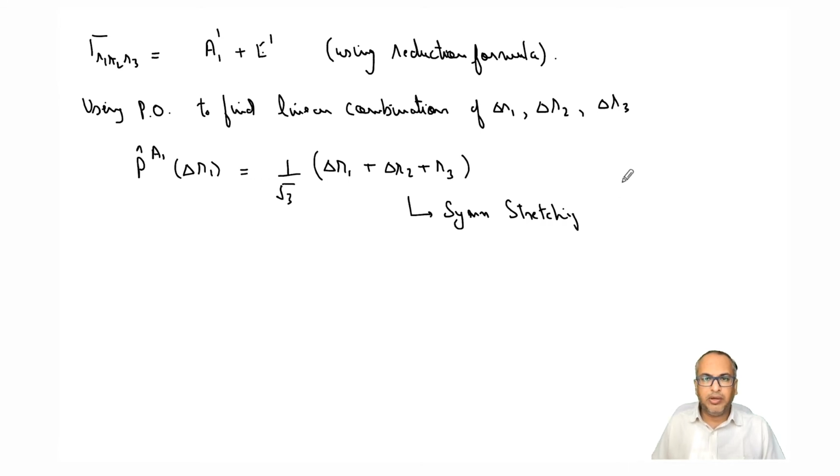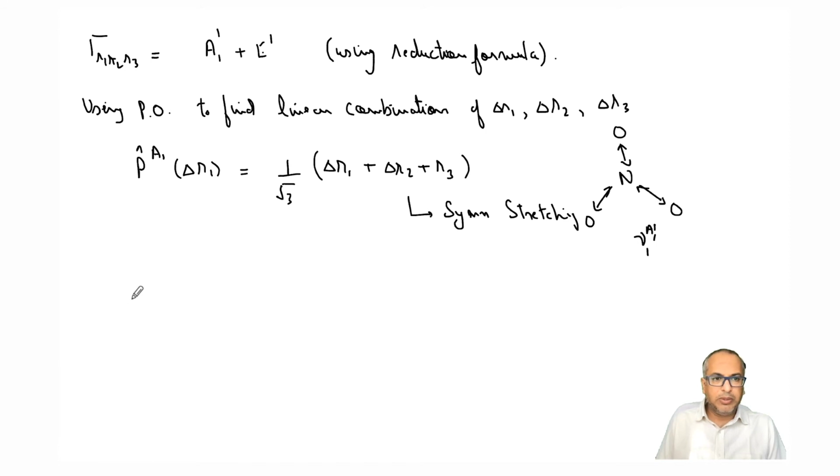And you can draw it like that. All the bonds are increasing in length symmetrically. You can call this nu 1 with A1 prime symmetry. So this is nu 1.